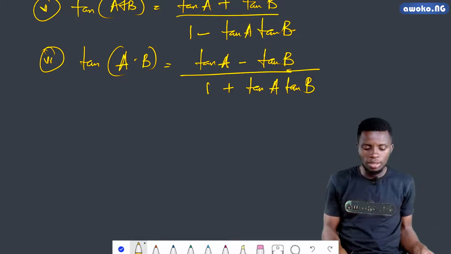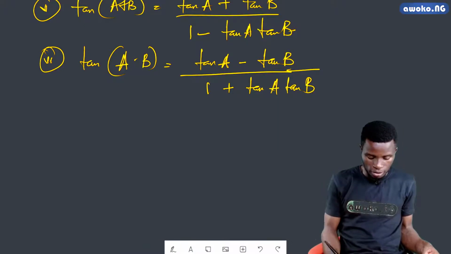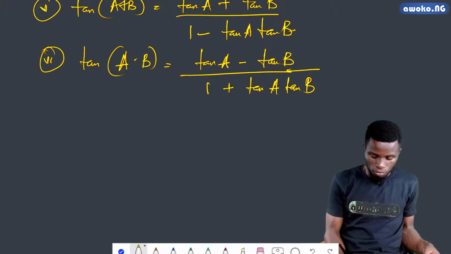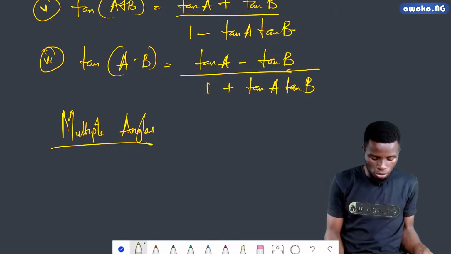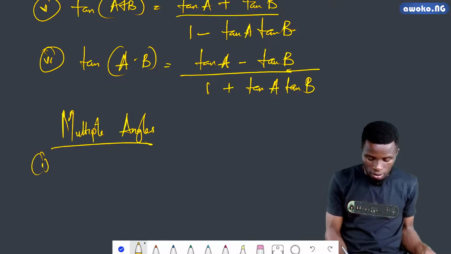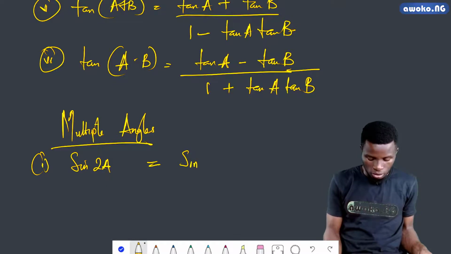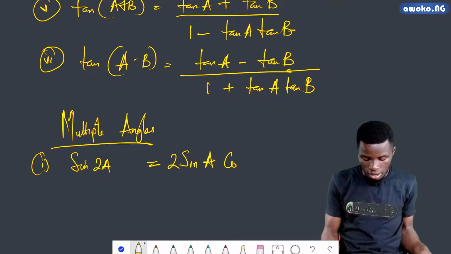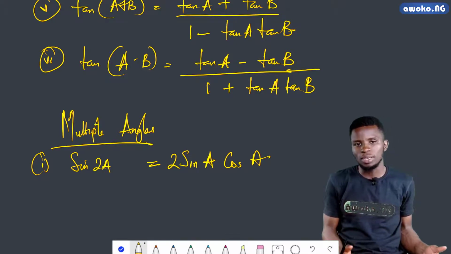Let us consider the multiple angles before we wrap up this section. For the multiple angles, let's make this the first one here. If you have sine 2A, sine 2A would give us nothing but 2 sine A cos A. So we have, say, sine 2 theta, where theta could be any angle.